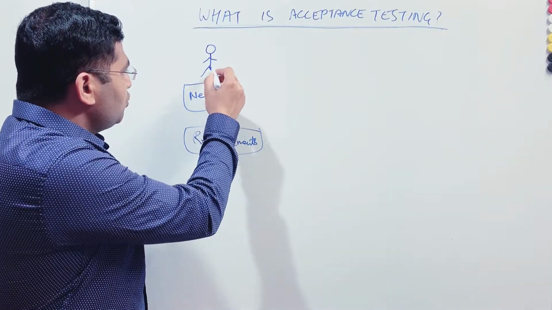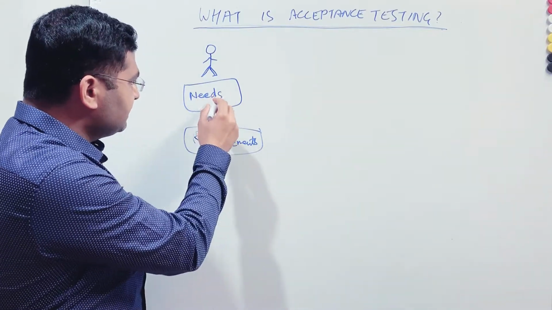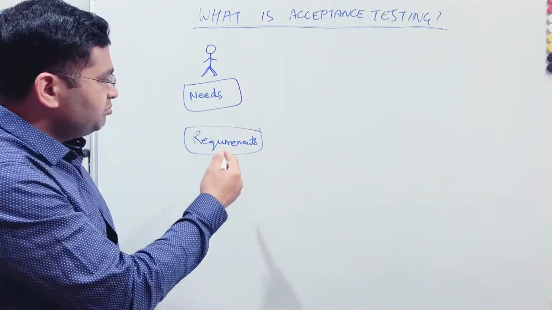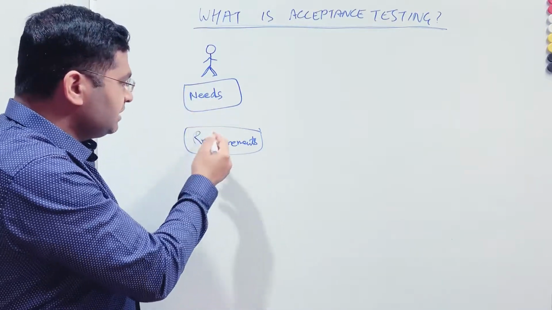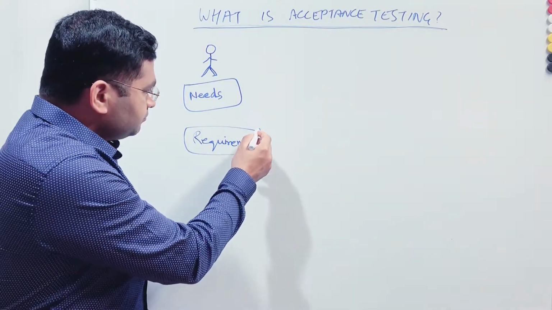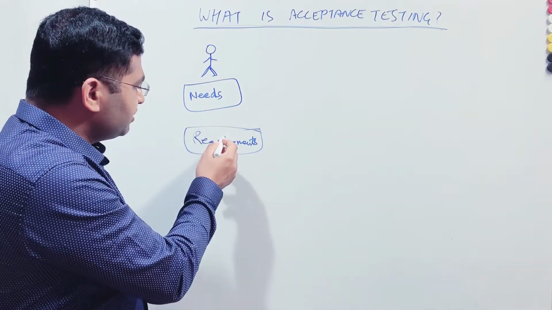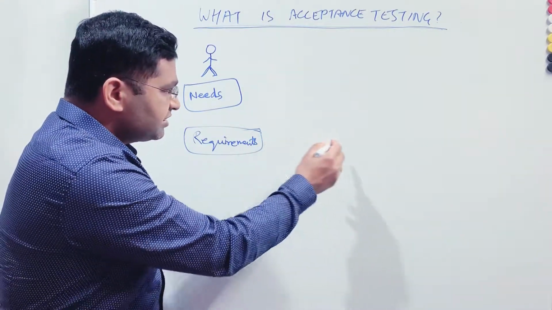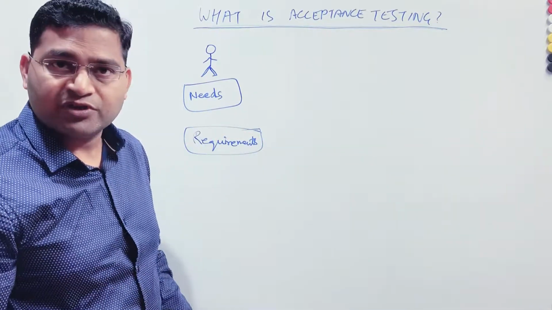Now, how will the customer's needs be verified? Whatever he needed has been documented in requirements, but how do we know that whatever he has wished for has been clearly articulated into the requirement document or the user stories? In system testing we have already verified that, based on the requirements, the system is functioning fine.